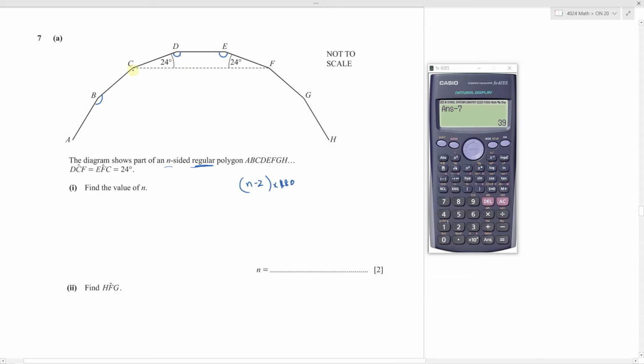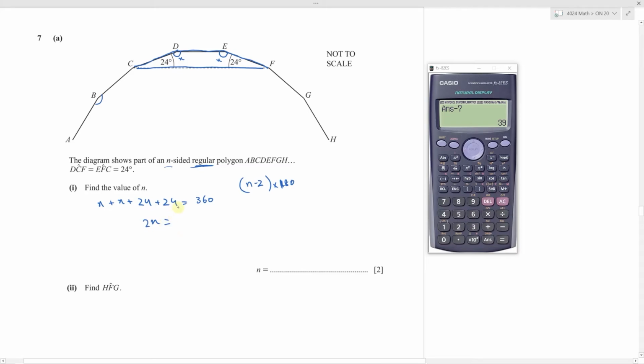Now, if I look at this quadrilateral C, D, E, and F, let's call this angle X. This is X and this is X because the overall polygon is regular, so all of the interior angles are equal. So using this quadrilateral, I can find the value of X because X plus X plus 24 plus 24 equals 360 degrees, because we know that the sum of interior angles of a quadrilateral is 360.